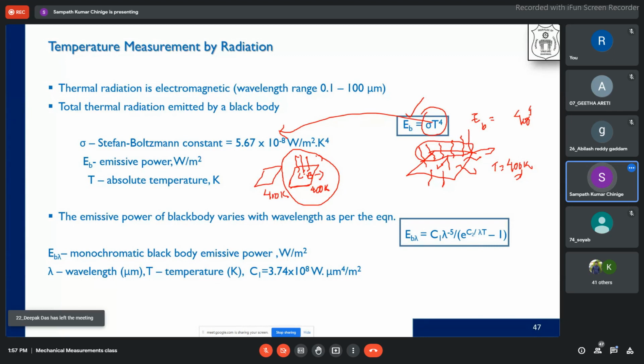Just like heat transfer rate in conduction and convection, we are utilizing radiation principles. We have a very small wavelength range which can be seen by our naked eye.